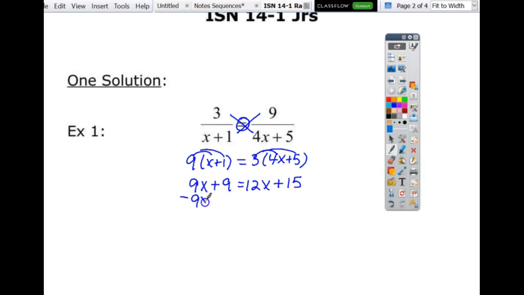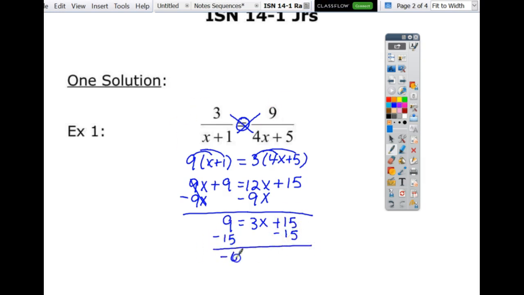I'm going to subtract the 9x. I'm going to subtract the 15. By 3. So my x equals -2.